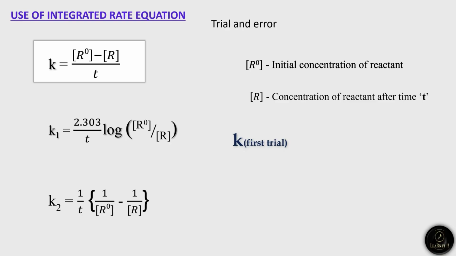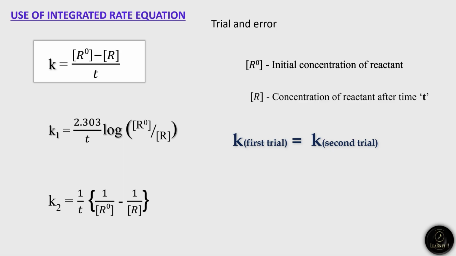So we take another trial, that is a concentration after certain time t. Before it was t1, now consider after certain time t2, the concentration is reduced to another concentration R. If we put these values in the integrated rate equation, and K remains the same for the integrated rate equation of zeroth order reaction, then it is considered a zeroth order reaction.